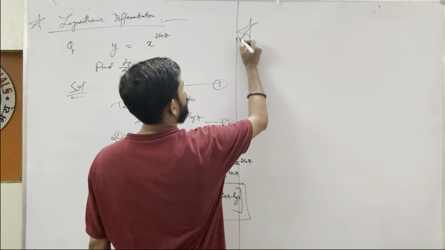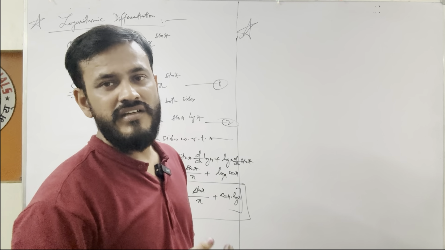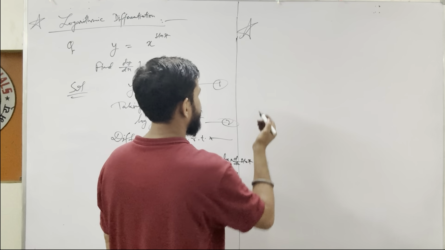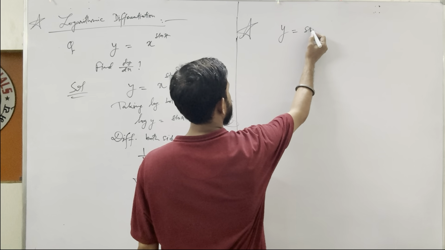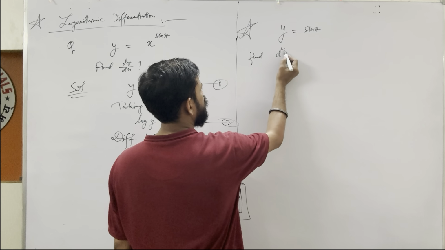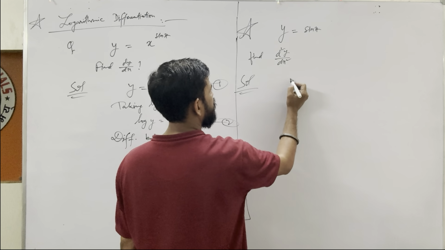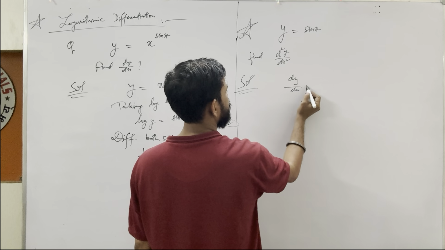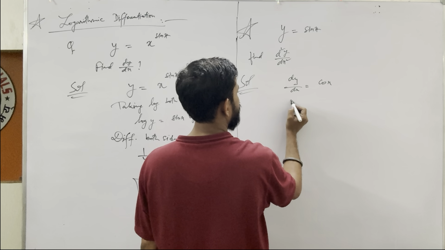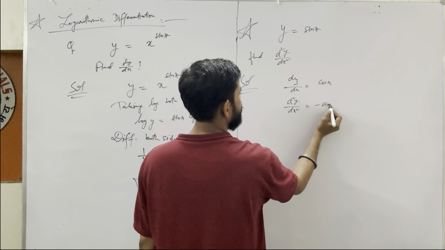The other type of question which is generally asked is to find higher order derivative, like if y is equal to sin x, find d²y/dx². So we solve it, dy/dx becomes cos x and then differentiate it again, we get minus sin x.